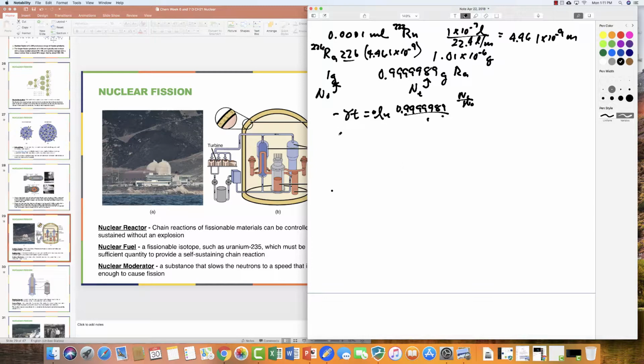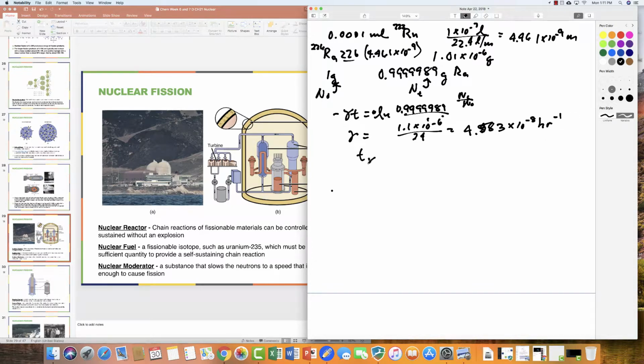That means the decay constant is going to be this natural log, which ends up being 1.1 times 10 to the minus 6 divided by 24, and that gives us a decay constant of 4.583 times 10 to the minus 8 hours to the minus 1.